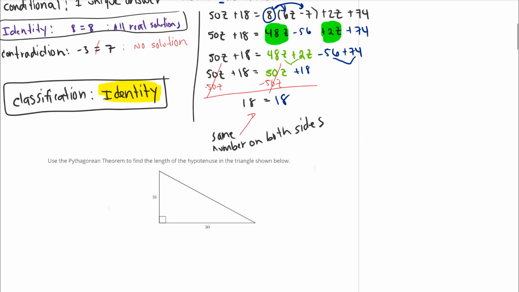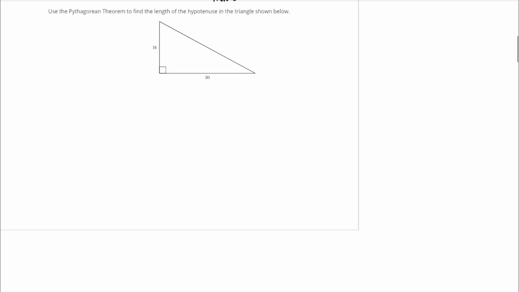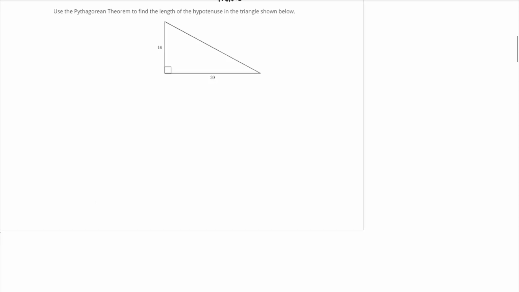Now, looking at the Pythagorean Theorem, now if we look at the second problem here, it says use the Pythagorean theorem to find the length of the hypotenuse in the triangle shown below. So here what's really helpful is it's telling us what to use.